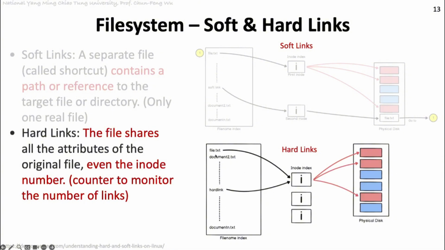For example, if you have one original file and one hard link, then the counter will be 2. So if you delete the original file or the hard link, the data blocks will not be deleted because the counter just drops from 2 to 1. When the counter goes to 0, it triggers the delete operation. So this is about soft links and hard links.